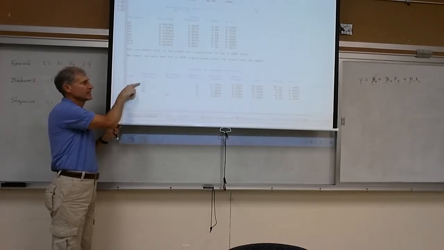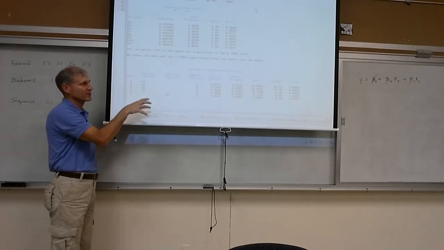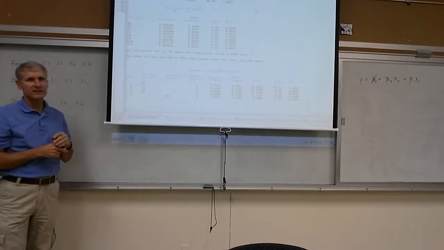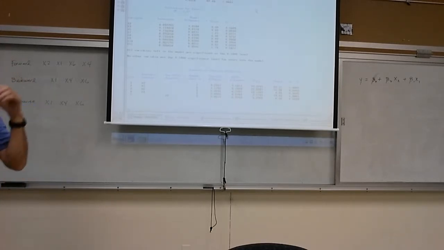First step, it entered X2. Last step, it took X2 back out. So this is a good example of where stepwise combines the two. Right? It still allows something that got put in early to then decide that, oh, you know what, it's not important anymore.